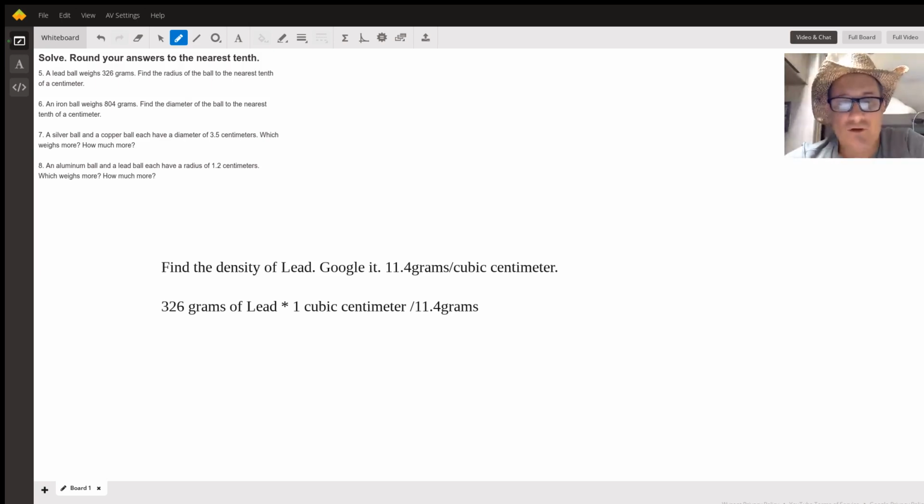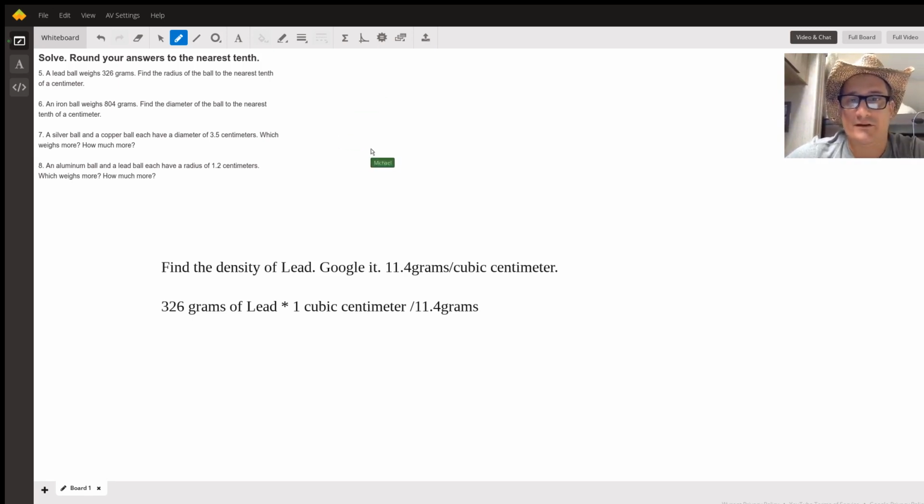Okay, so to find the volume that 326 grams of lead will take up based on its density, I say 326 grams divided by 11.4, essentially. I cancel those units, and you're left with cubic centimeters. So let's do that.